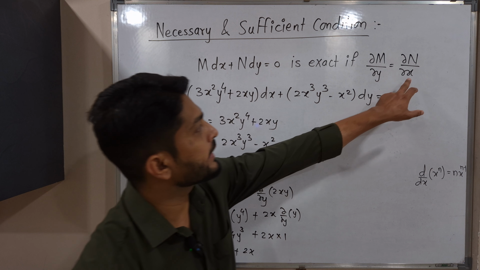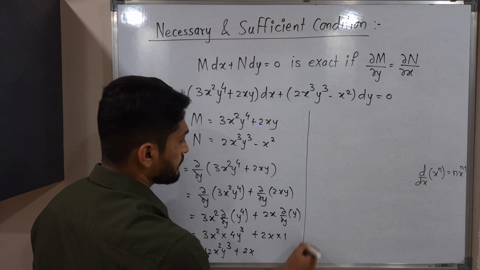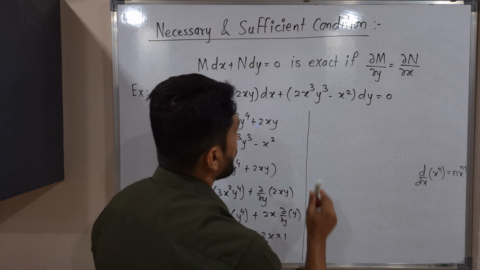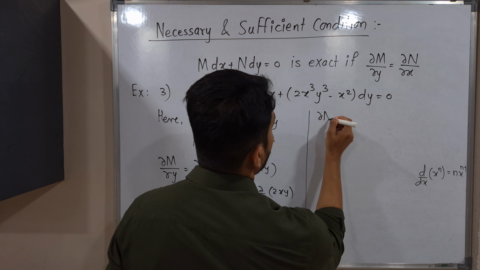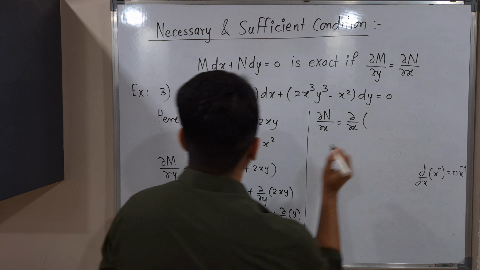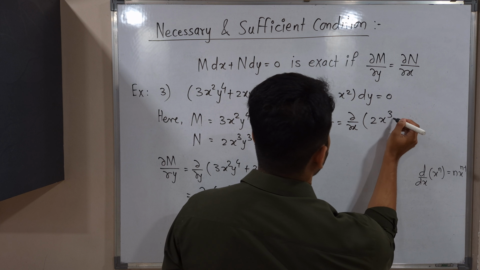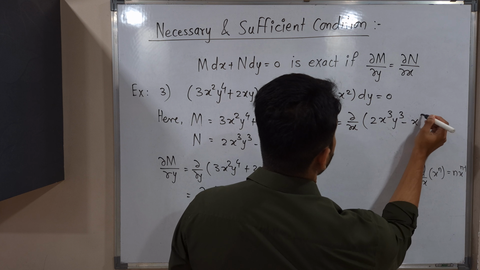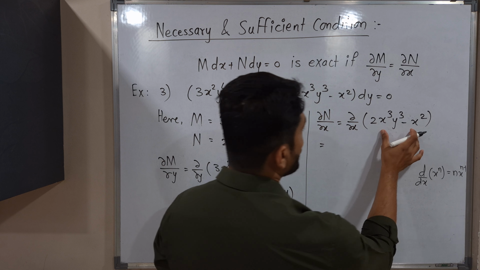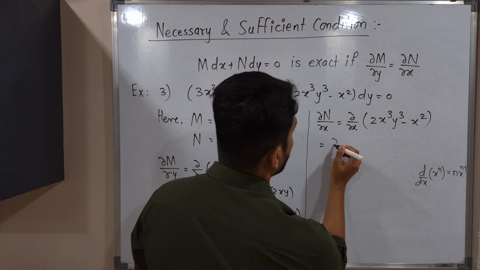Let us move further. Let us find delta N by delta x. Let me check what our N is. Our N is this one, 2x cube y cube minus x square. There are only two terms which are separated by a minus sign, so I can take separate derivatives.